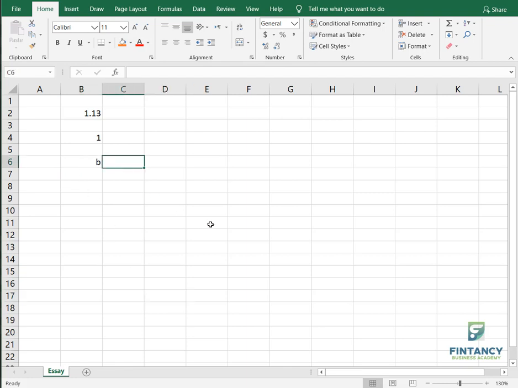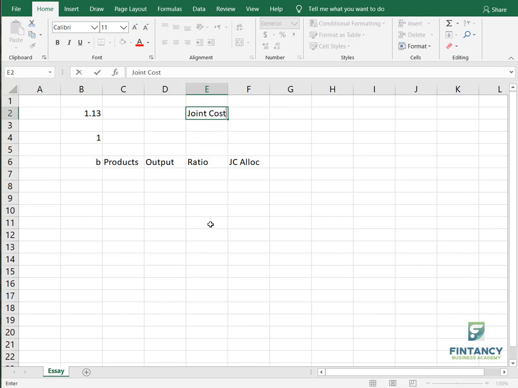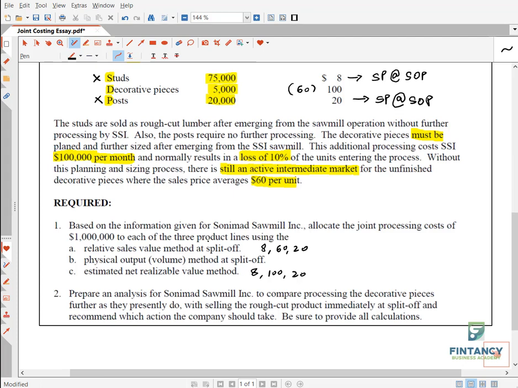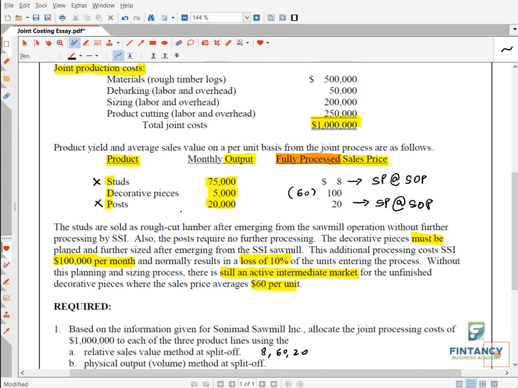So remember what we do. First of all, we write the products and their output. Then we need the ratio. Then we do joint cost allocation. And for that, first of all, we need to know on the top how much is the joint cost. So this is a very simple question. How much is the joint cost? Remember, it was 1 million.